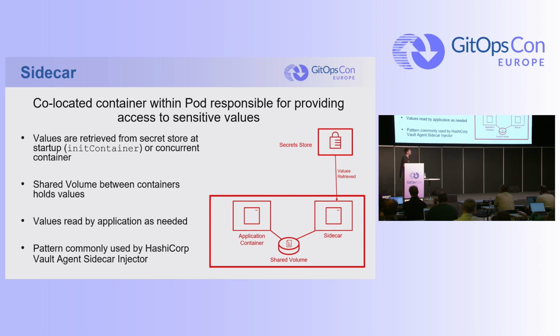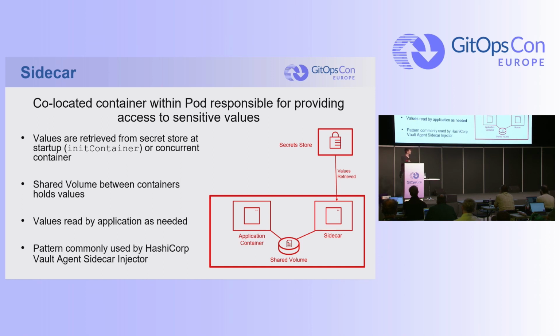If you're using a sidecar paradigm, you're going to typically mount a shared volume, usually an emptyDir in Kubernetes, that will be shared between the init container, the sidecar container, and your operating container, so they can all read it. One of the best and most secure ways to manage secrets in that model is to load your sensitive values in memory.